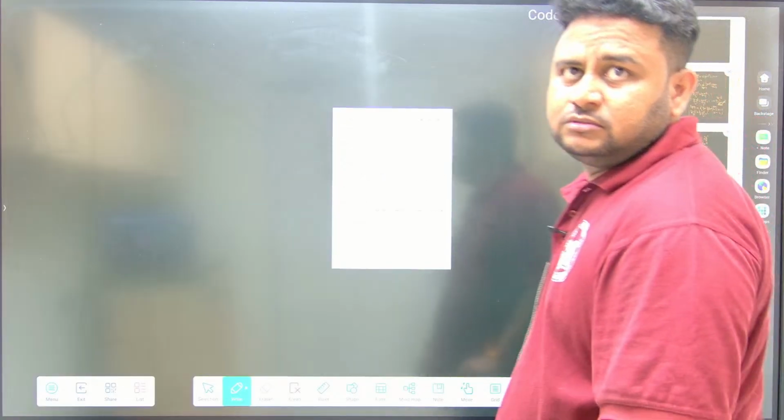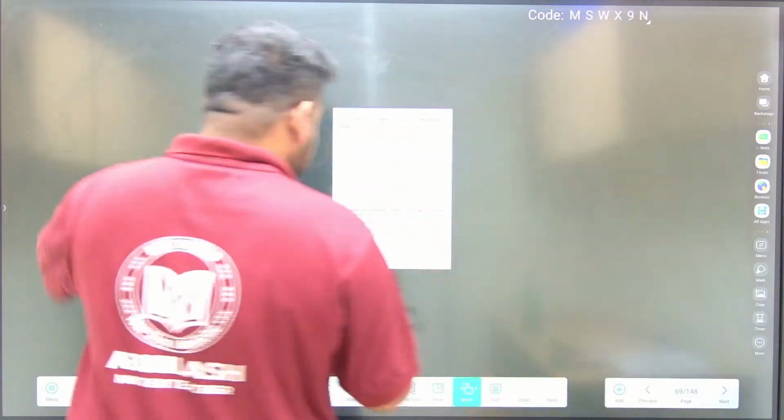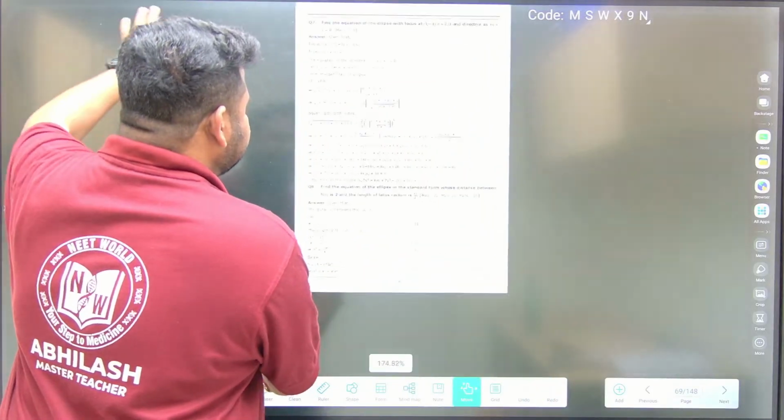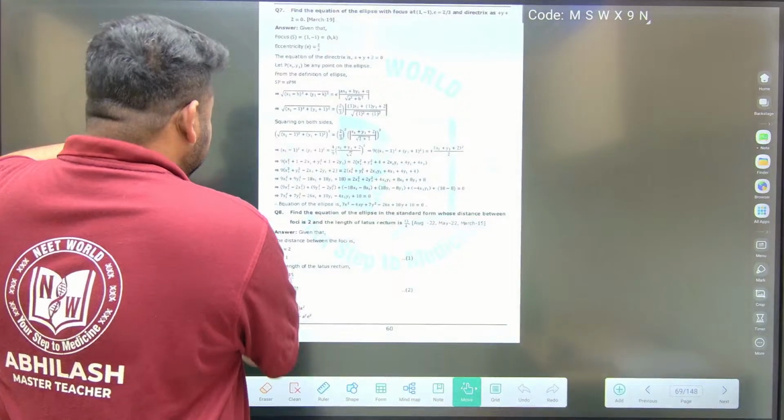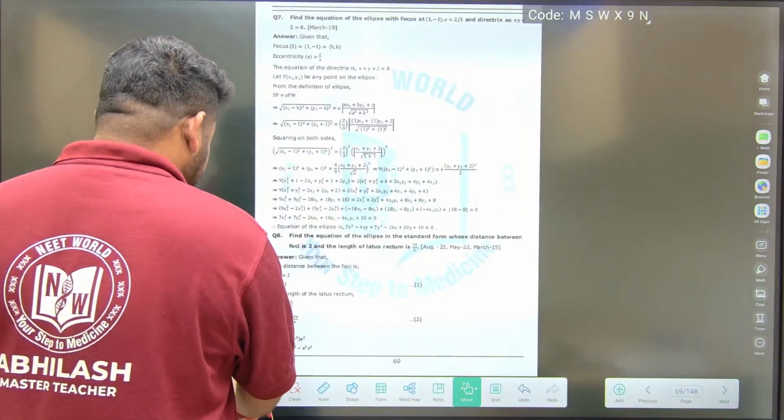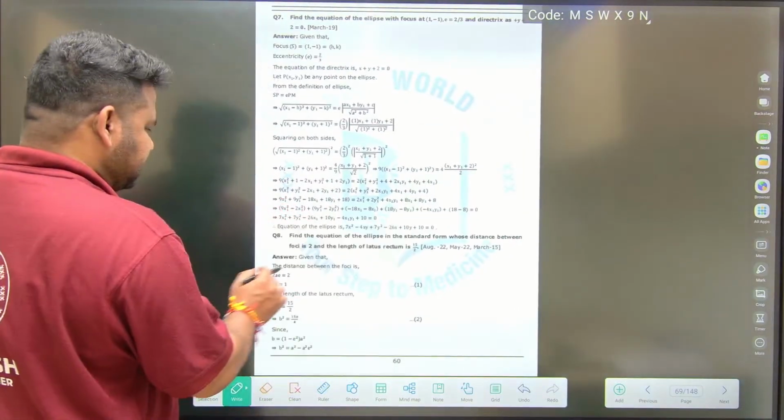So look at this question. They are telling, find the equation of the ellipse in standard form.